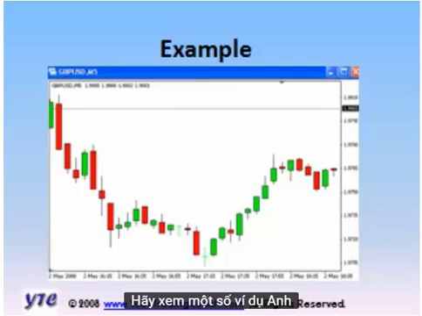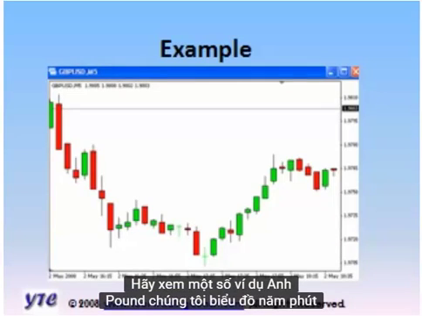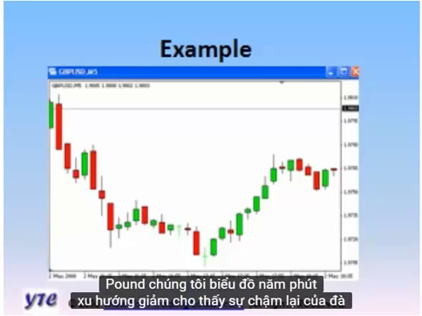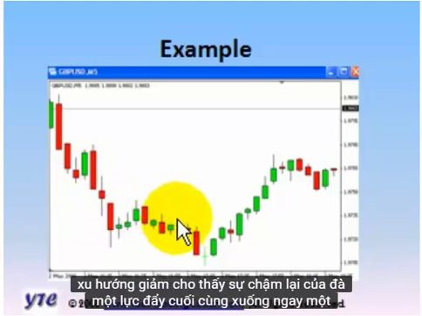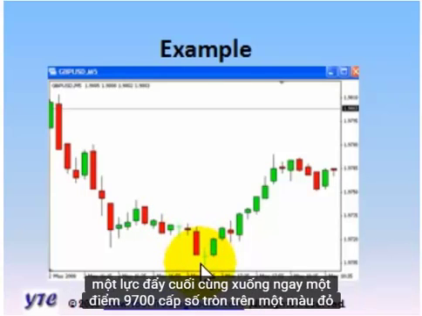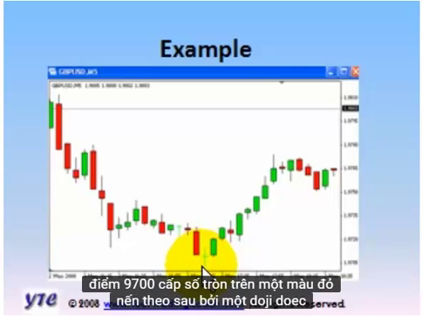Let's look at some examples. British pound, US dollar, 5-minute chart. Downtrend, showing a slowing of momentum. A final thrust right down to the 1.9700 round number level on a red candle, followed by a doji.